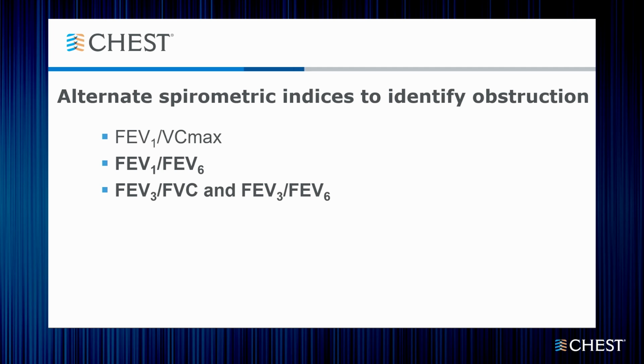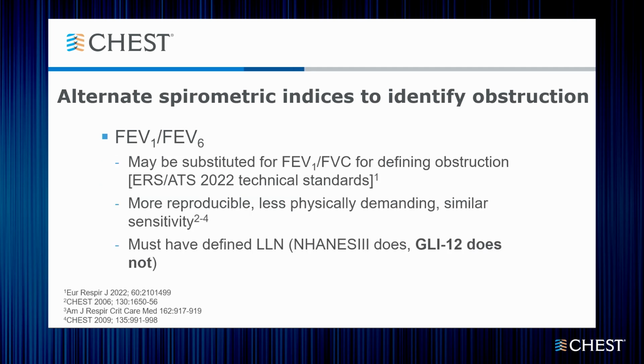So what about FEV1, FEV6? Well, the new guideline statement says FEV1, FEV6 can be substituted for FEV1, FVC for defining obstruction, and it's more reproducible, less physically demanding, and has similar sensitivity, multiple references.